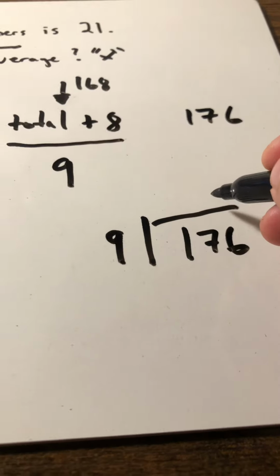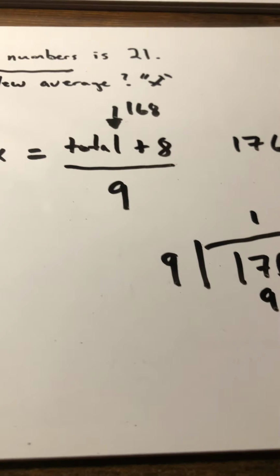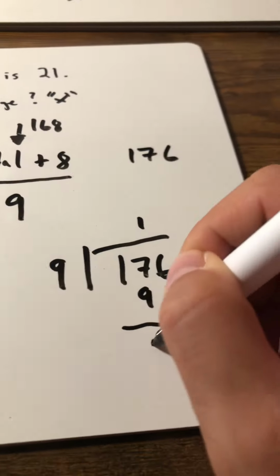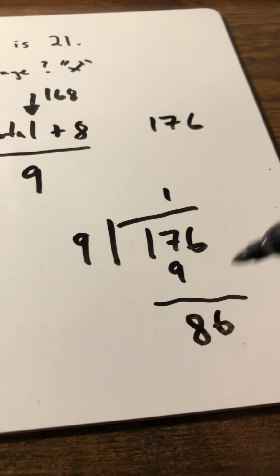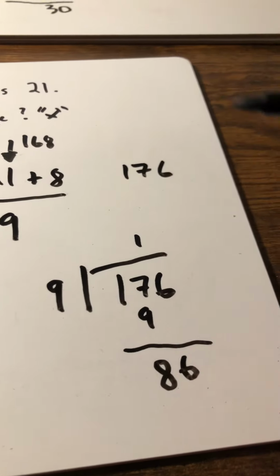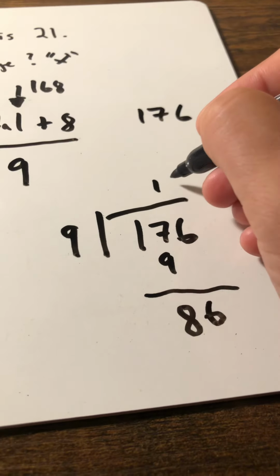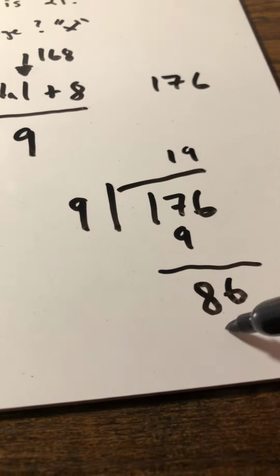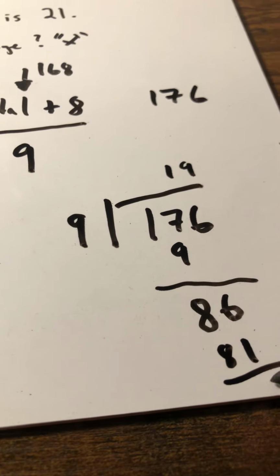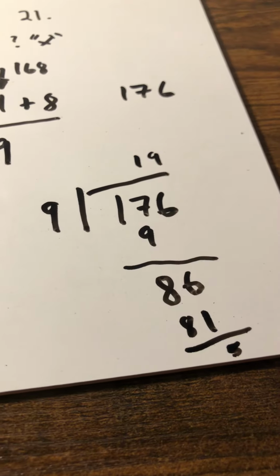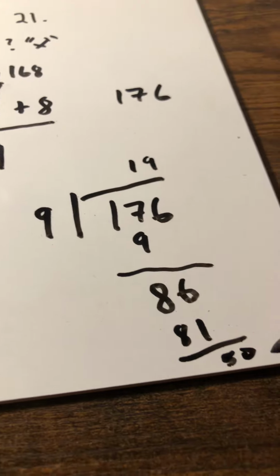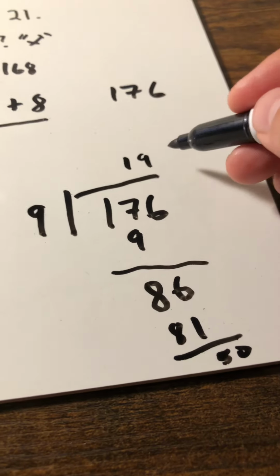Nine goes into 17 once. 86. 9 goes into 86 9 times. 81. 5. 9 goes into 50 5 times.